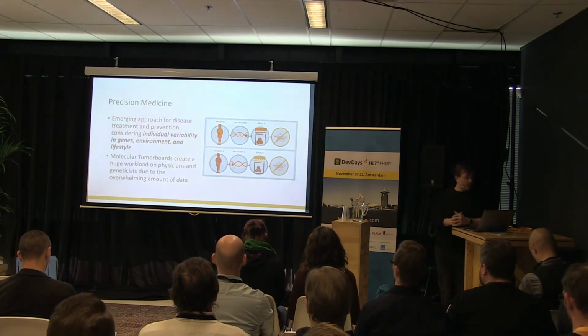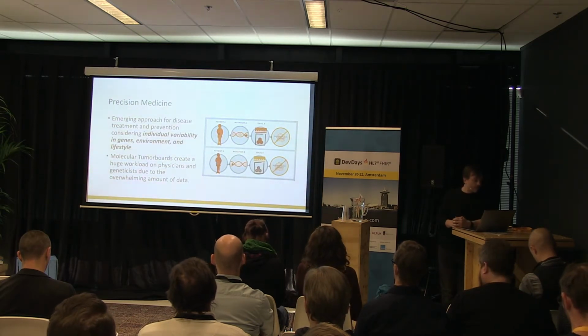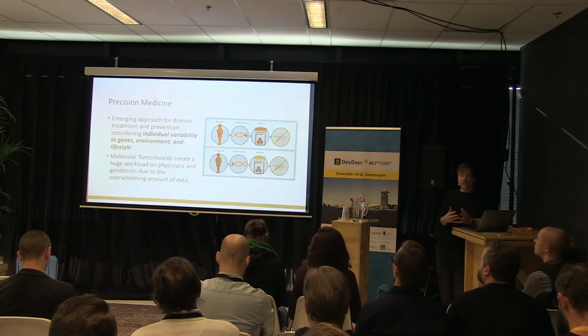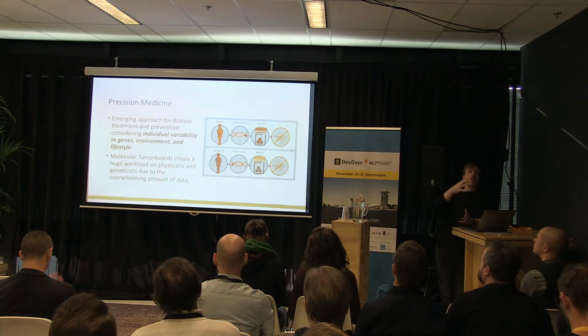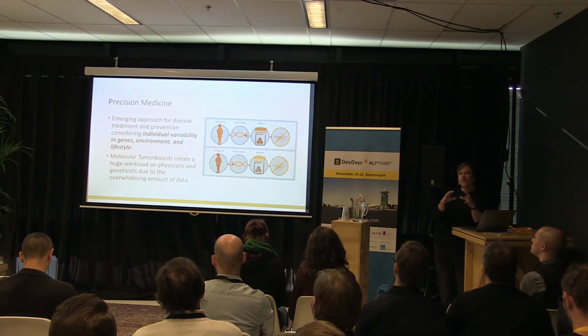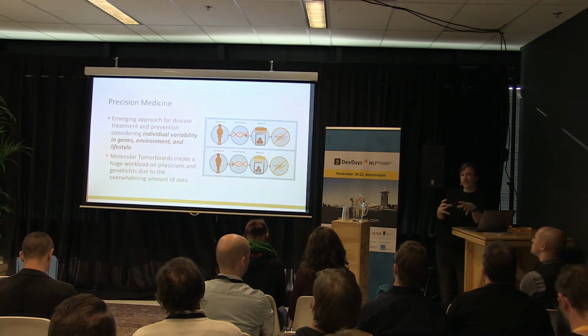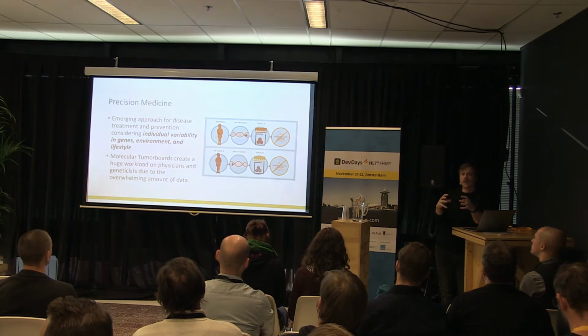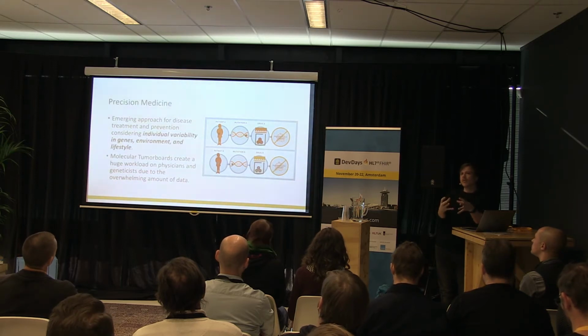So precision medicine, I talked about it in the introduction. It's an emerging approach for disease treatment. Oncology back in the day was totally focused on the position of the cancer, of the tumor. So this is a liver tumor, this is a brain tumor, and this body position determined the treatment.